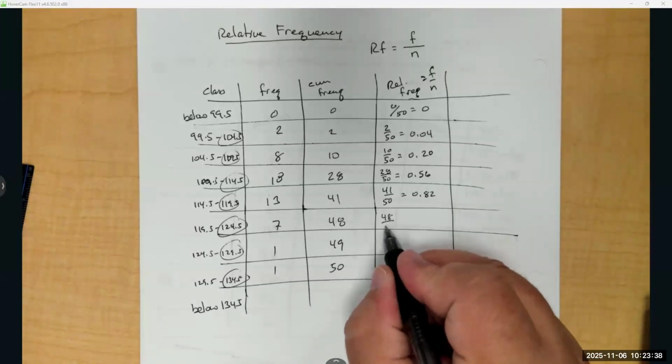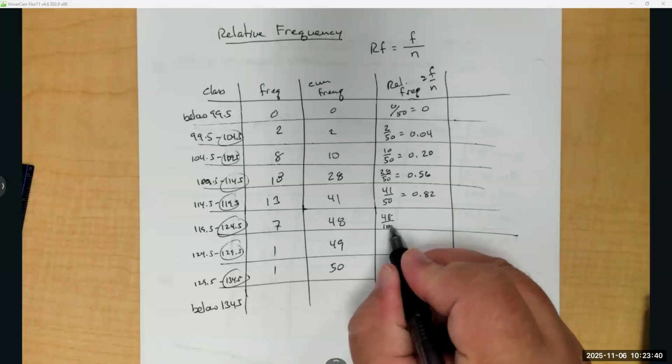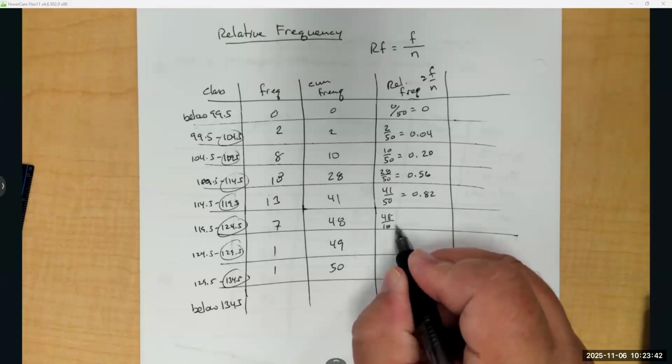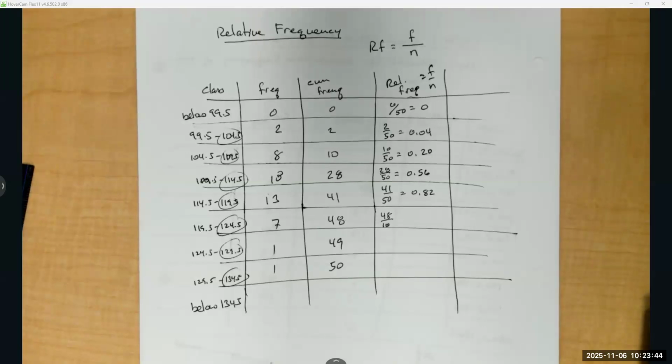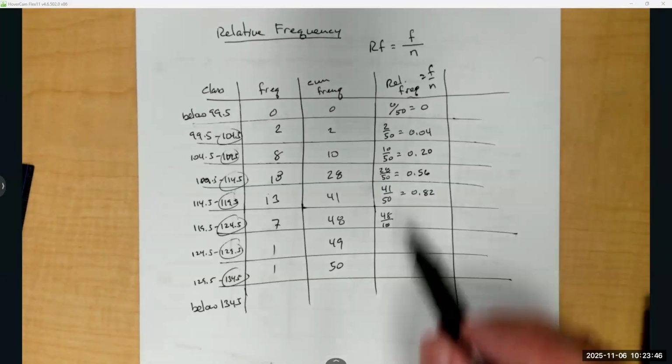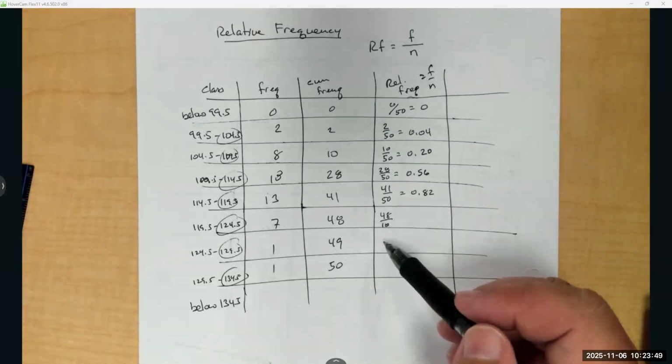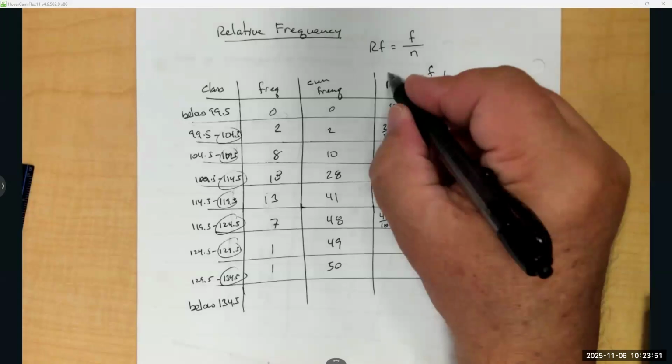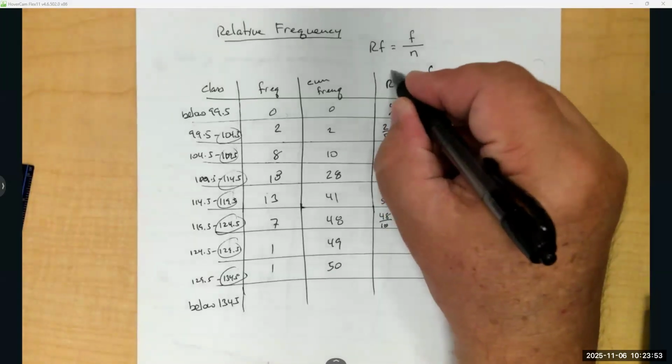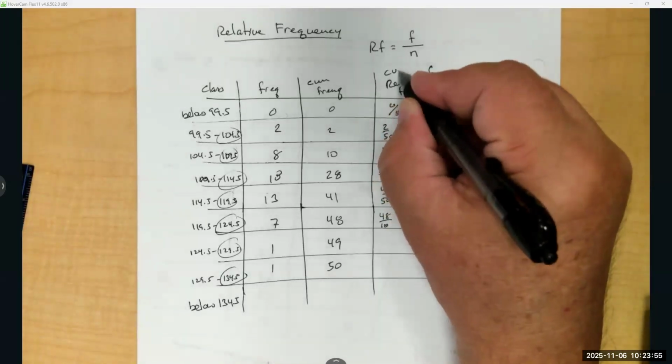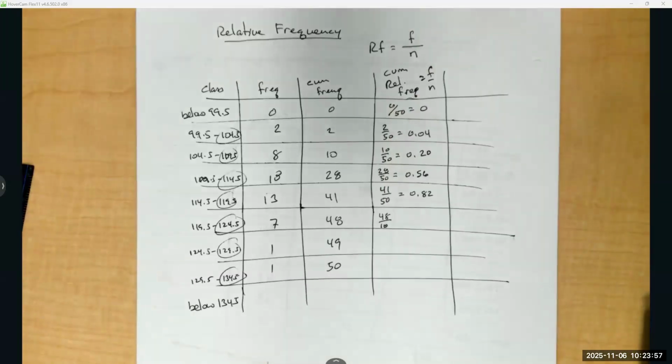48 over, you guys are making me do the wrong numbers. These are the cumulative frequencies. This is called the cumulative relative frequency. That was going to be the surprise column we're going to do later on, but we'll jump to it now.